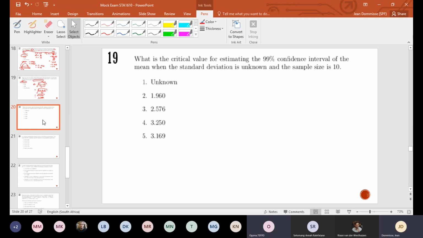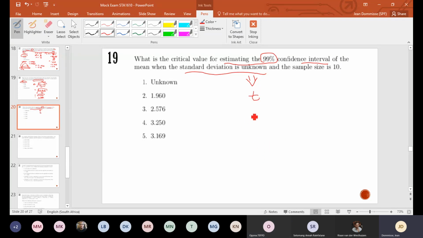What is the critical value for estimating a 99% confidence interval of the mean when the standard deviation is unknown? Standard deviation unknown. Yeah, finally we have a t.